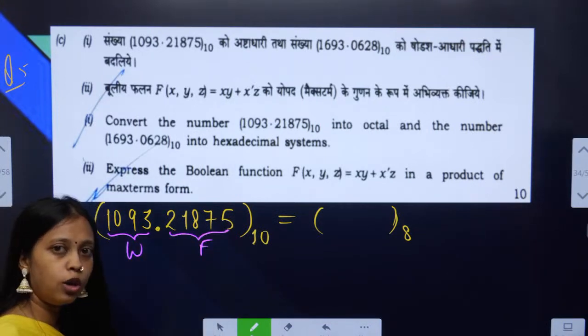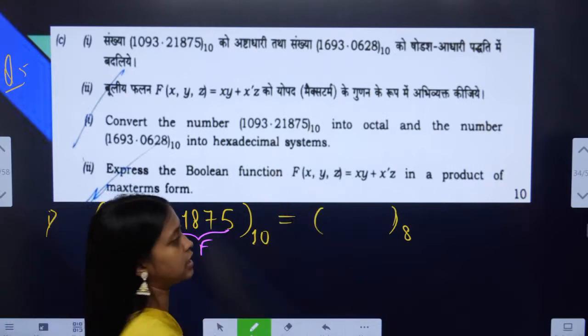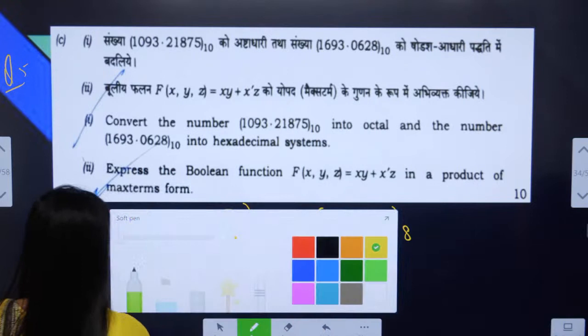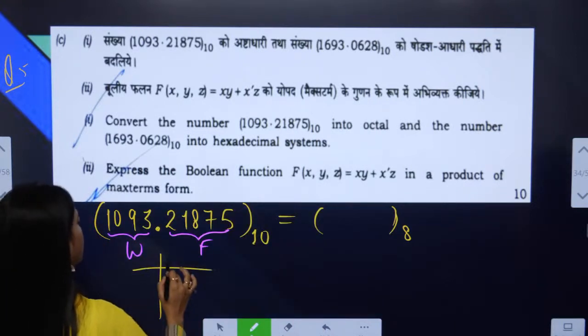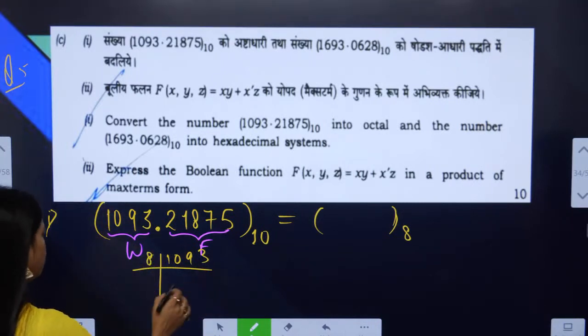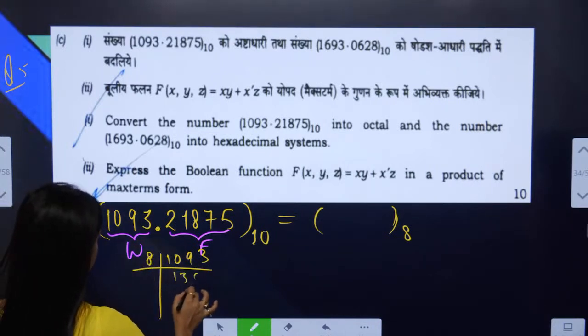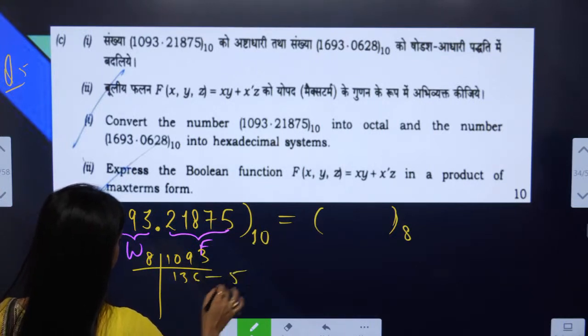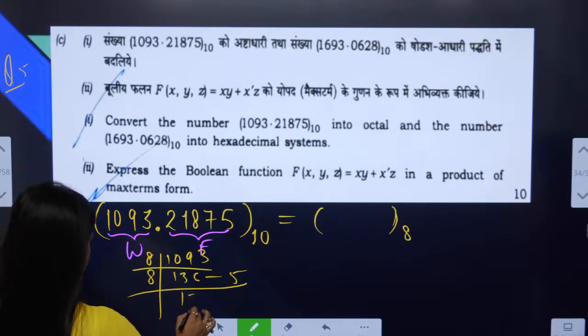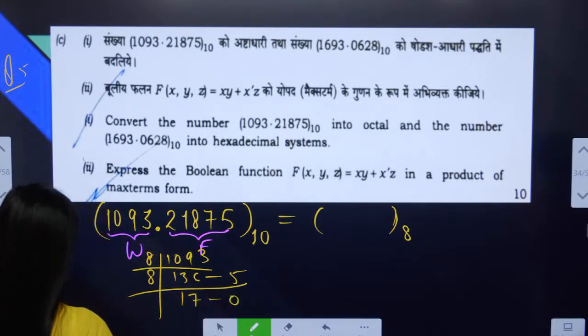To deal with the whole part, whether it is base 8 or base 16, that is easy. You just take the 1093 and divide it by 8. This will be 136 and the remainder is 5. Again with 8, the quotient is 17, remainder 0.